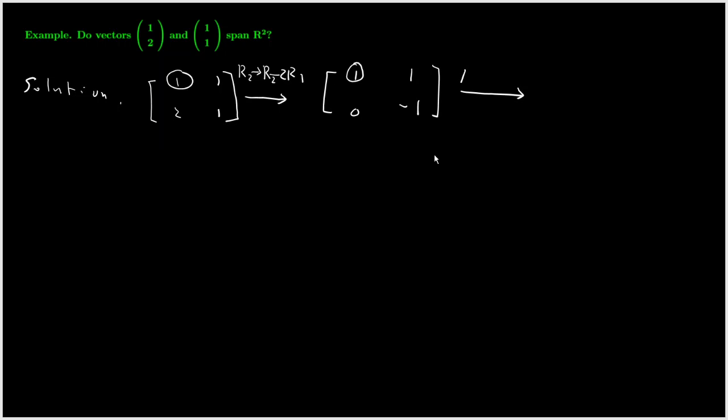By that we mean row 2 becomes -1 times row 2. The first row, 1, 1, is not changed, and the second row is 0, 1. I circled the two leading ones, the leading one of row 1 and the leading one of row 2. These leading ones are not going to be changed anymore.